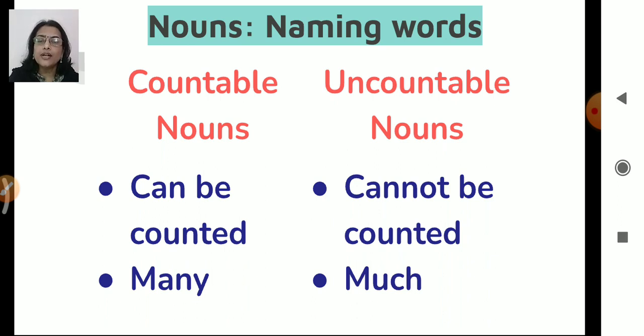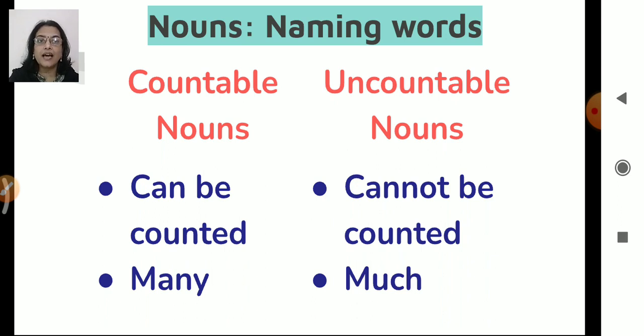Now children, do you remember what are nouns? You have done it, right, in English grammar class? So what is a noun? They are the naming words, right? Name of place, animal, thing. Remember? And you must be remembering the countable and uncountable nouns too. So what are countable nouns? The nouns that can be counted.